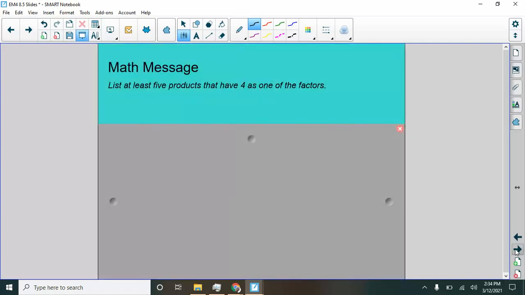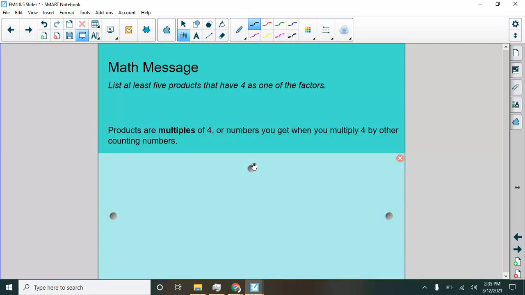So our math message question says to list at least 5 products. Let's just start with 2. Why don't you give me 2 numbers, 2 products, 2 answers that have 4 as one of the factors. All right, so we've kind of just started with 2 here, and there's a wide variety here.